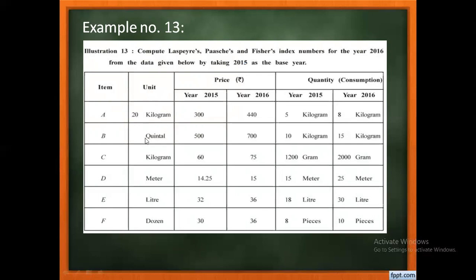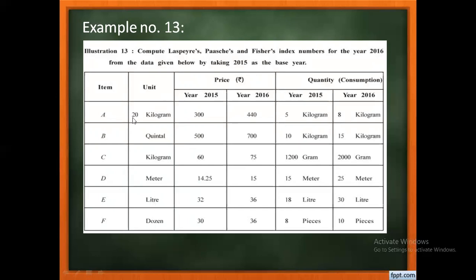This unit should be 1. Like if I read it out for item B, this is 1 quintal. And the price over here is for 1 quintal. Similarly for item C, this is, you can say, 1 kg. And the price is given for 1 kg, right? So like that we have 1 meter, 1 liter and 1 dozen.